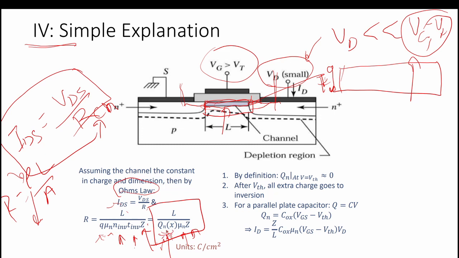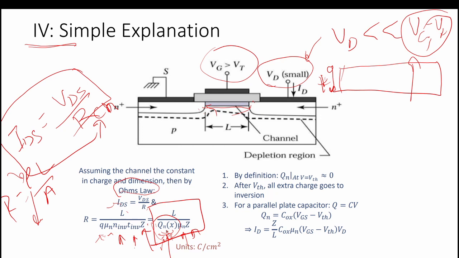We take Nx because here it is 0 and here it is Vd, so there is a drop in between the channel. So the charge density will be different at different points, and that will vary along the channel.